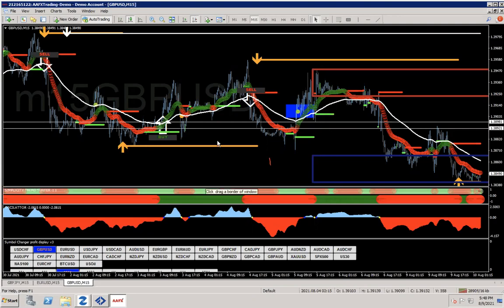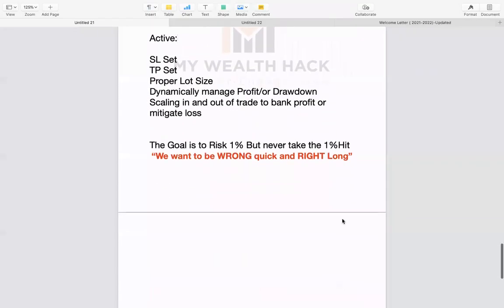So this leads me to my last statement I want to share with you guys. The goal is to risk 1%, but never take a 1% hit. I don't want that to mess with your heads.